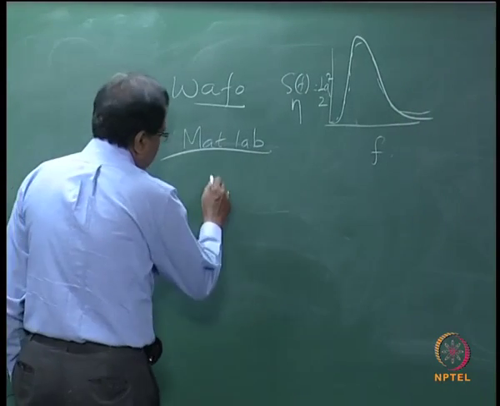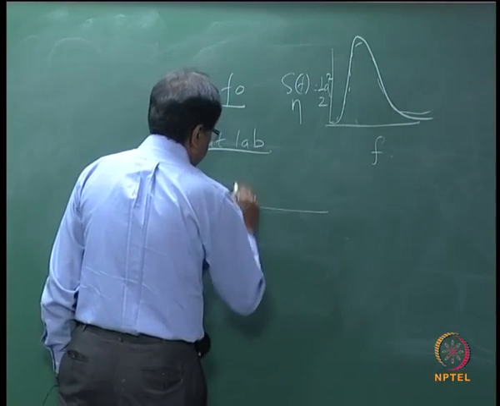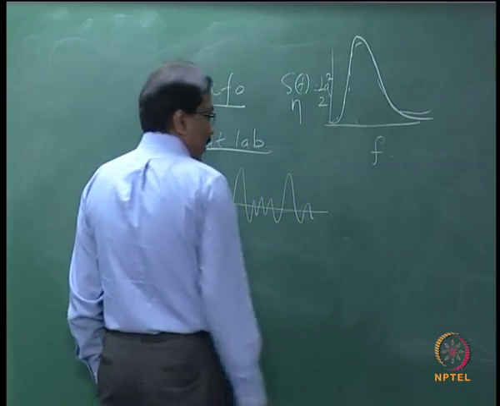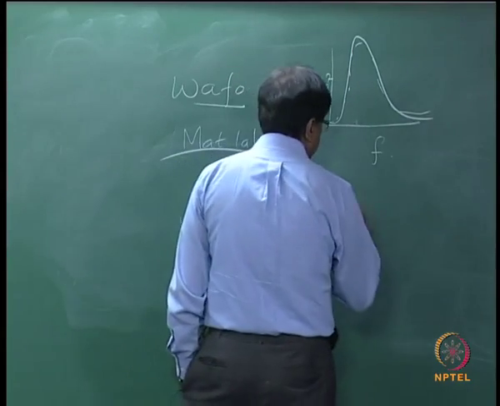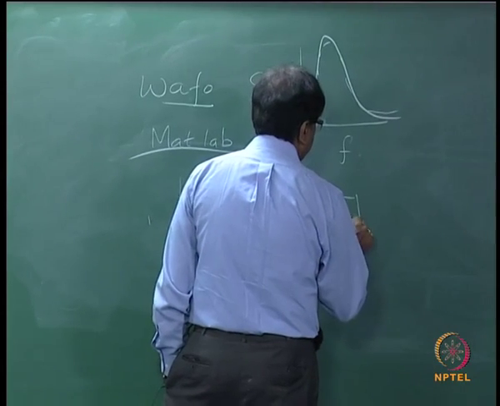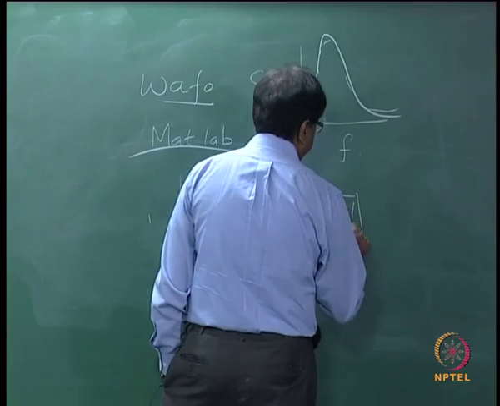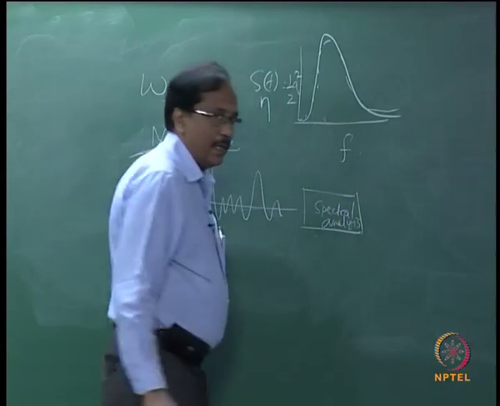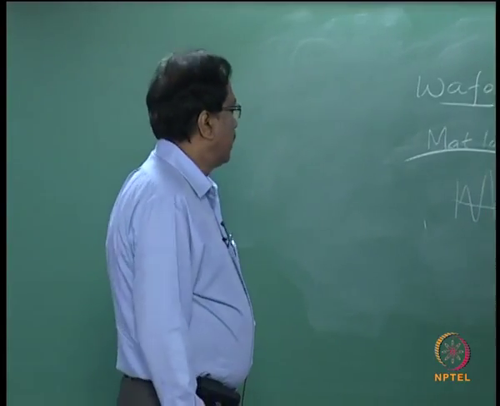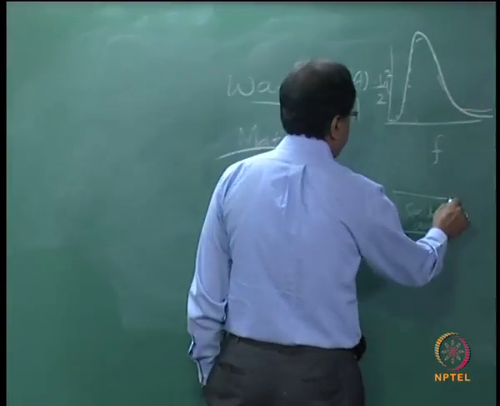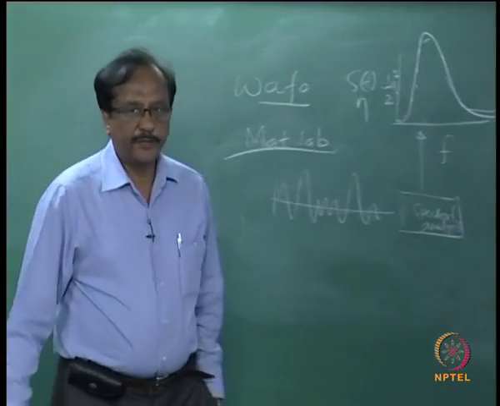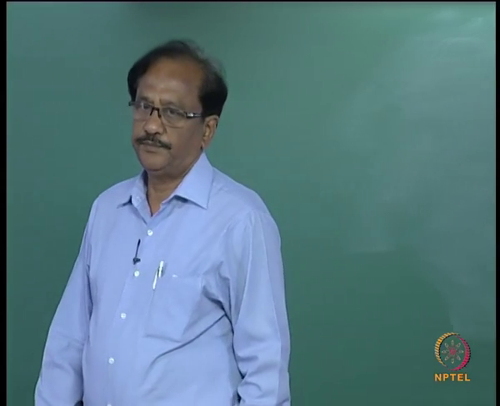So when we have an analysis of random waves, the usual way is to subject them to spectral analysis or frequency domain analysis. The main purpose for this is to get the spectral density curve.